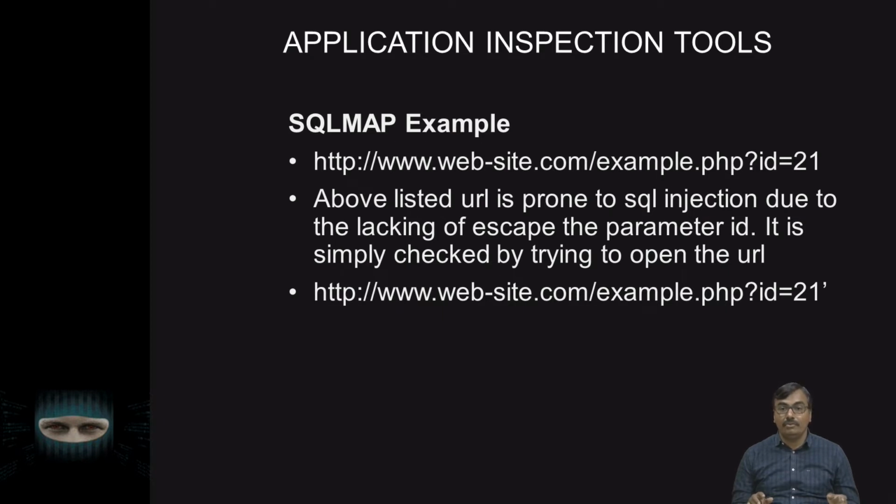Here we are providing id as a parameter and 21 is its value. By providing such a URL into the web browser, you will get some output. The above listed URL is prone to SQL injection due to the lack of escaping of the parameter id.